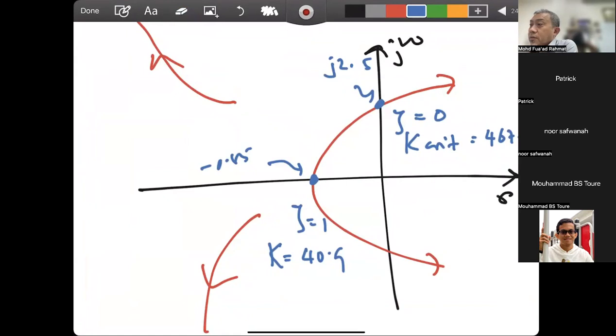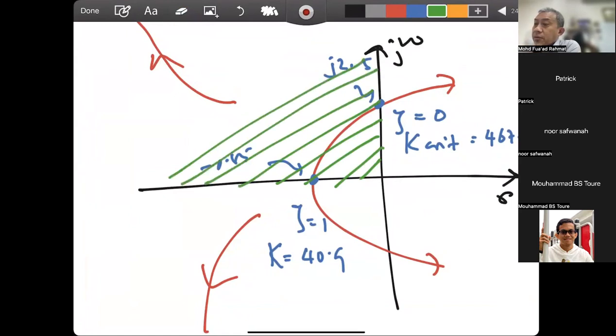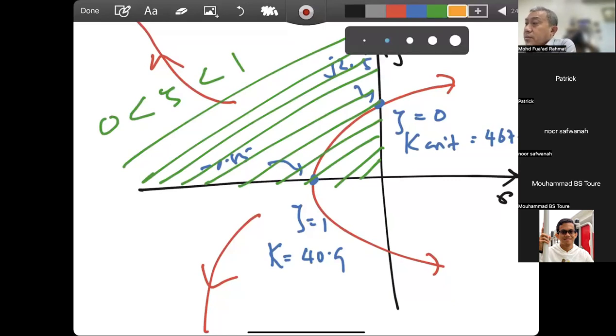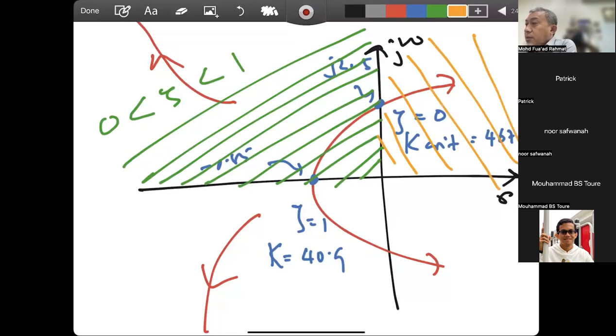Okay, so the shaded green zone is the underdamped region. We call it the underdamped region. This part we know as zeta is less than 0, so zeta less than 0 is negative damping.